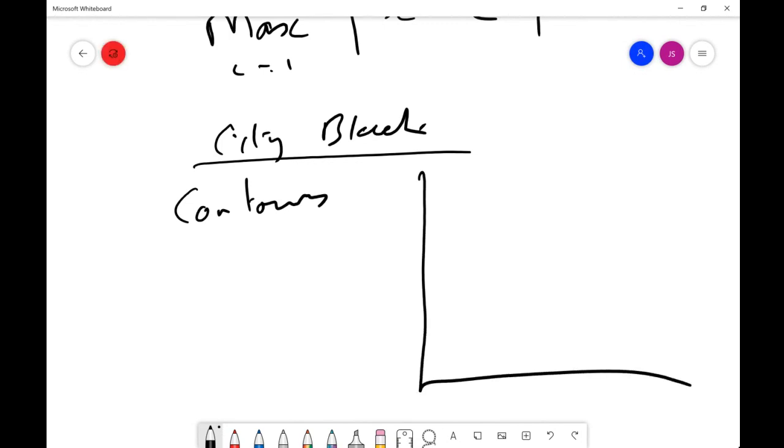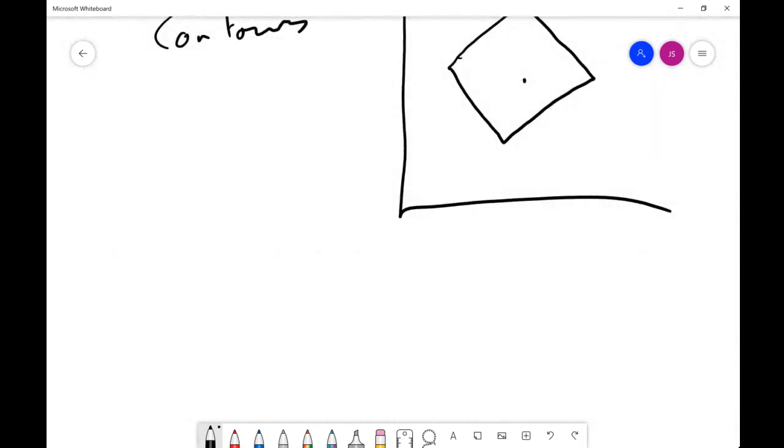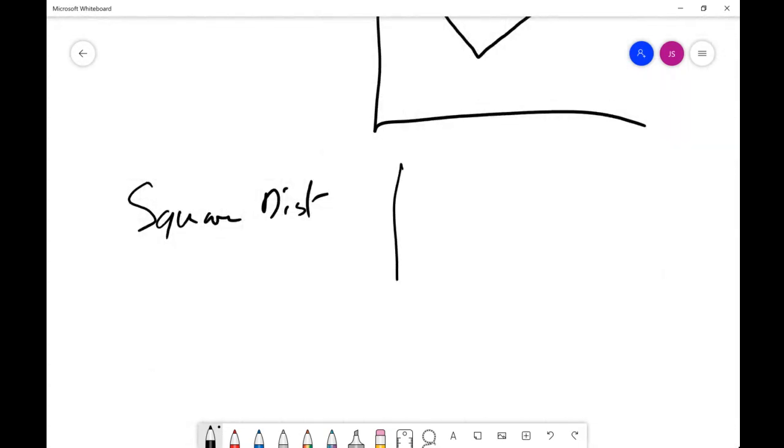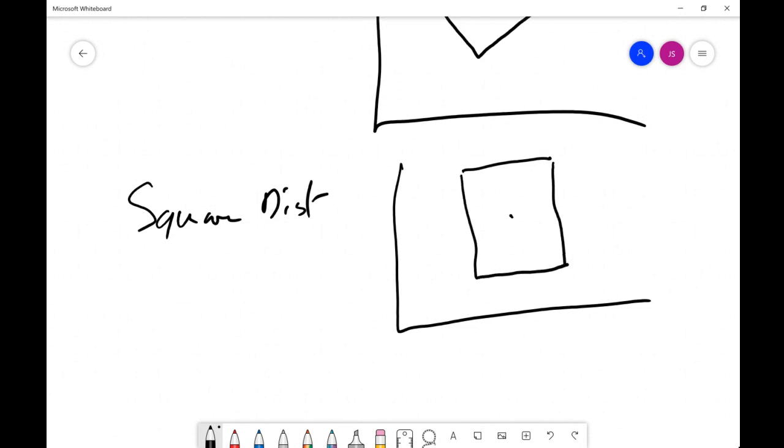and if I've got 2 dimensions and I've got a point in 2-dimensional space, the city block contour has an equidistance contour which is a rhombus on its side. The square distance, in 2 dimensions, we can only easily draw 2 dimensions, will have a contour of equidistance which is a square in 2-dimensional space.